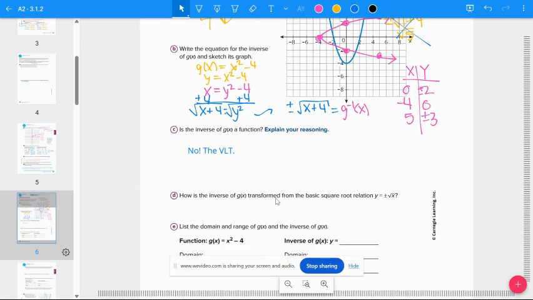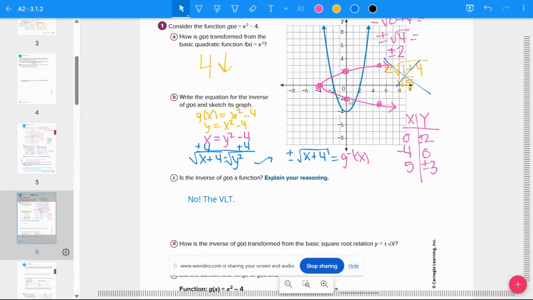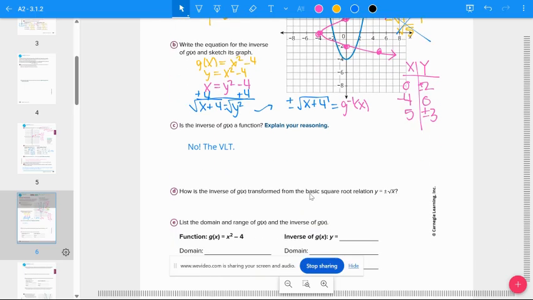How does the inverse of g of x transform from the basic square root of y equals plus or minus x? Well, when our vertex was at 0, 0, we now went 4 to the what direction? 4 left.